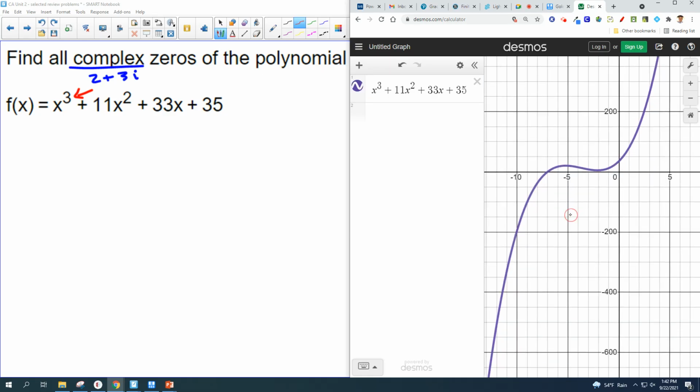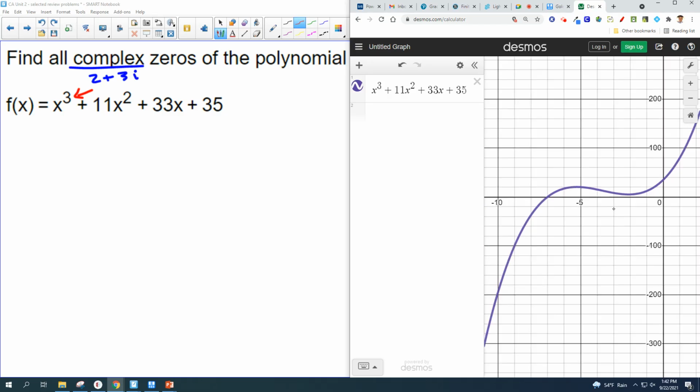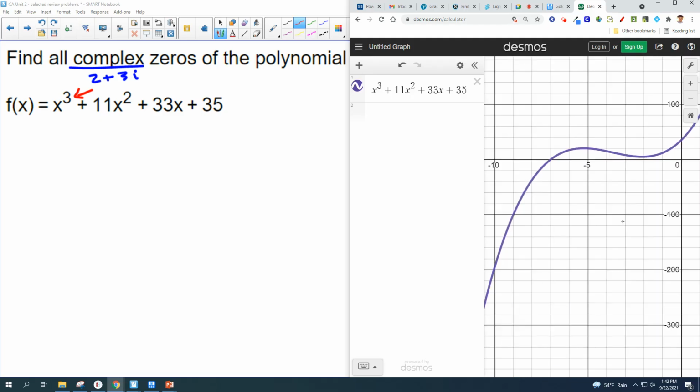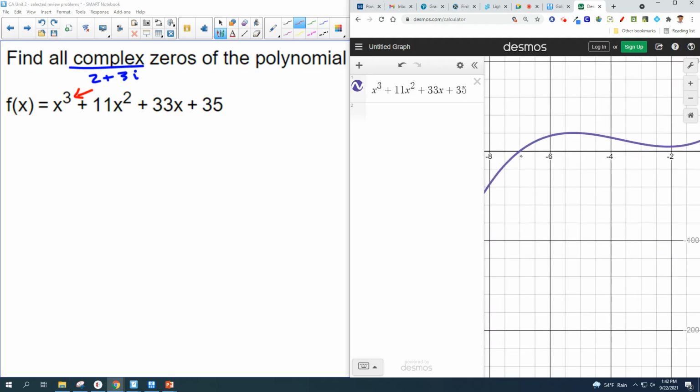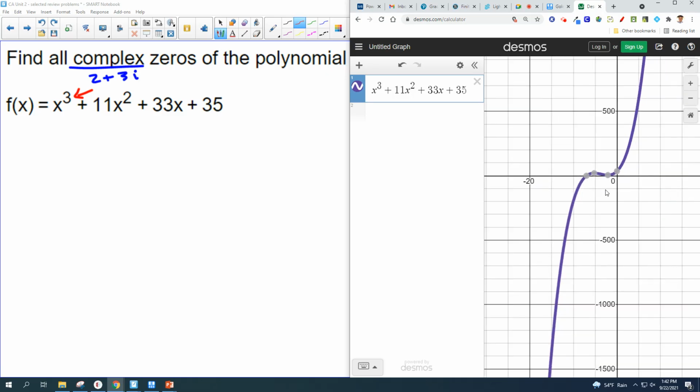Okay, check it out. When I look at this graph, I only see 1 zero. I see a 0 at -7. This one doesn't touch. So I don't have 3 x-intercepts.